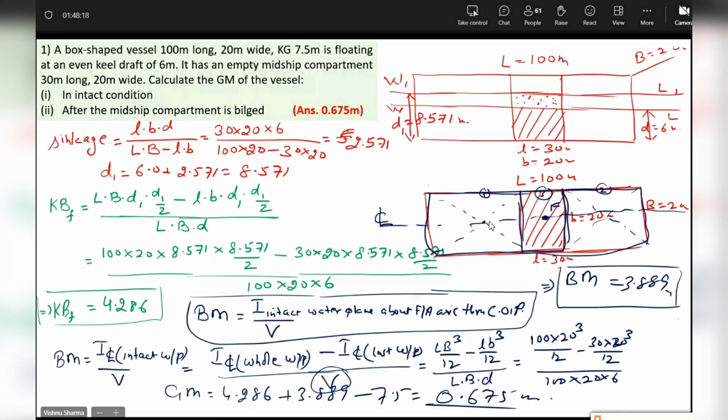Okay, guys, now one more thing, before I give you a small break of 5 minutes. When is it that KB will be D1 by 2? So that I can avoid the calculations.